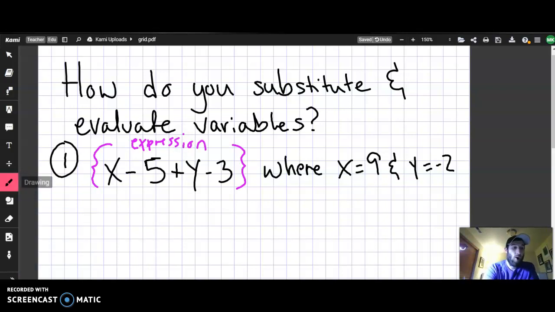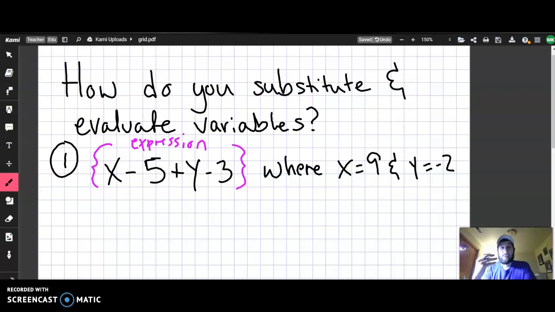But I'm also now plugging in values for x and y and then combining our like terms, simplifying. And evaluate means to simplify with numbers.